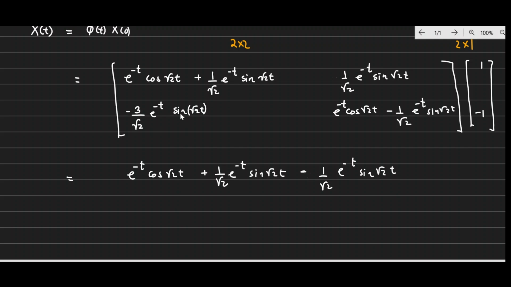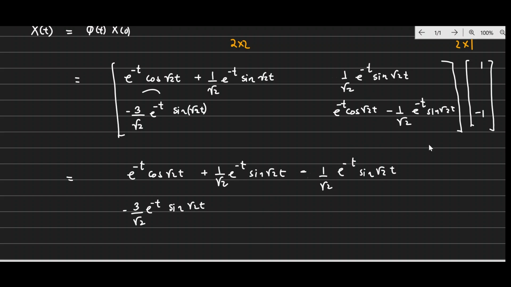And then similarly here, the second row multiplied by the same numbers. So this multiplied by that, you have negative 3 over root 2 e to the power negative t sine root 2t.